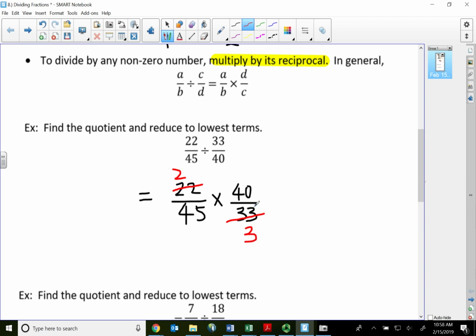Now I can reduce the 40 and the 45 by 5. 5 going into 40, 8 times. 5 going into 45, 9 times. So my numerators are 2 and 8. Denominators are 9 and 3. They cannot be reduced further, so I now multiply them side by side. My answer, 16 over 9 times 3, 27.